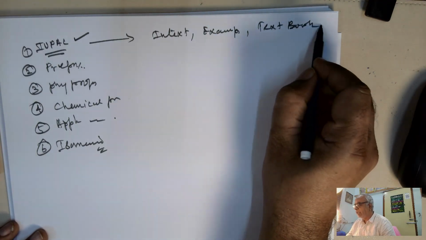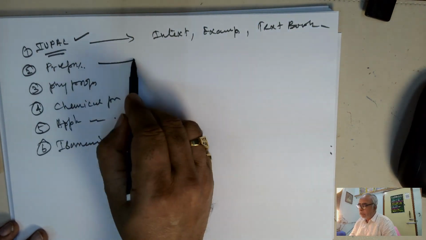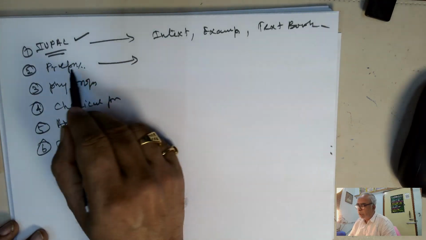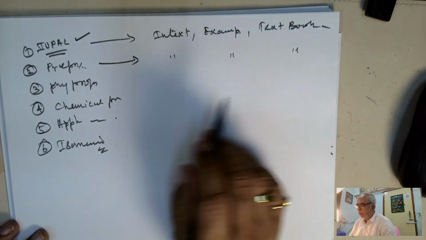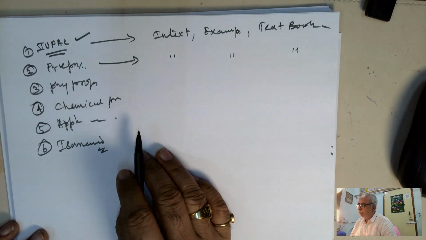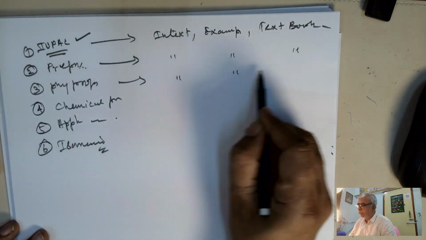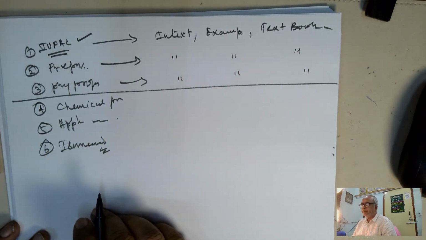You should be able to identify the type of question source. And similarly, you are supposed to identify the problems asked under preparation. So this is also in-text example, textbook questions. Similarly, in-text physical properties examples and textbook questions.